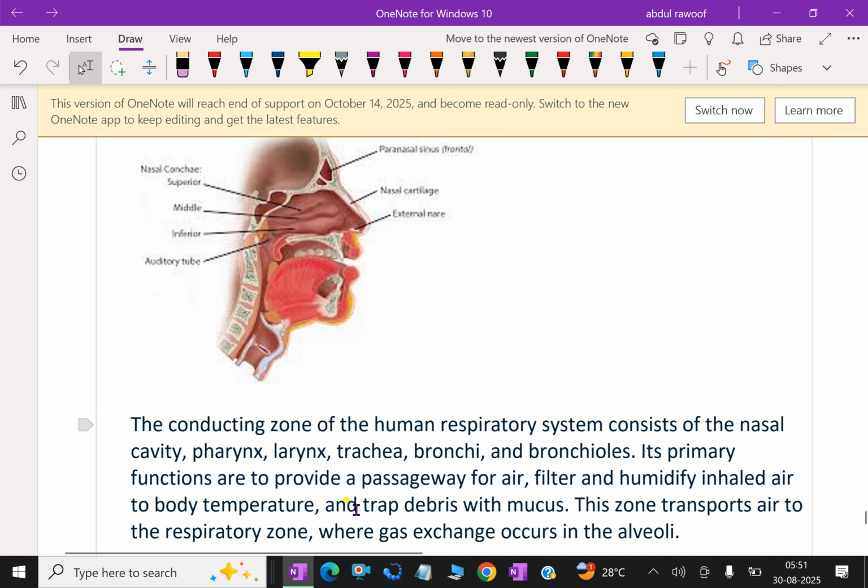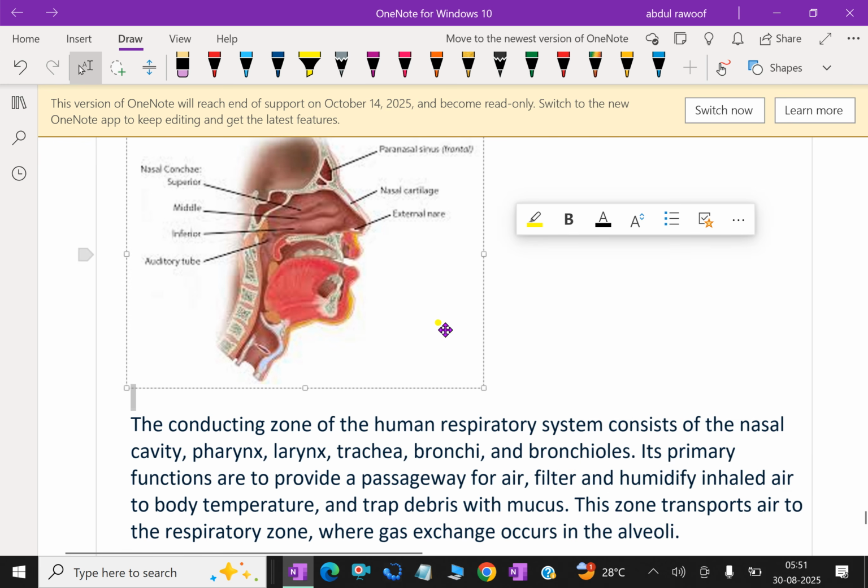Its primary functions are to provide a passageway for air, filter and humidify inhaled air to body temperature, and trap debris with mucus. This zone transports air to the respiratory zone where gas exchange occurs in the alveoli.